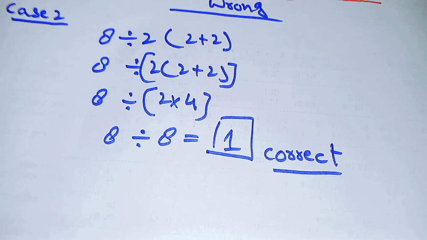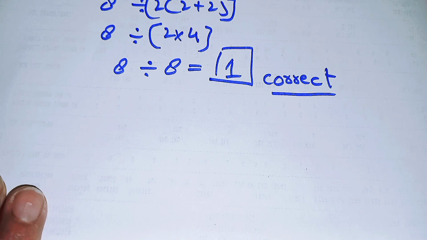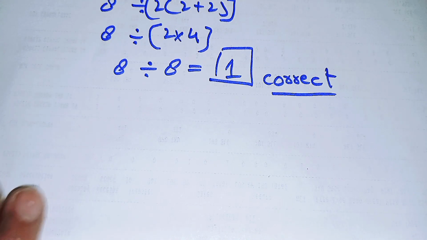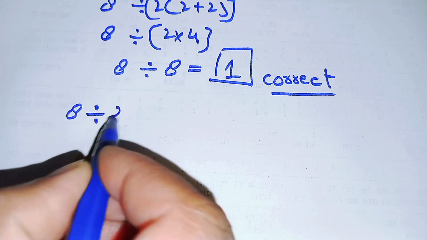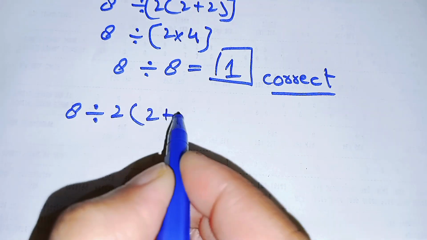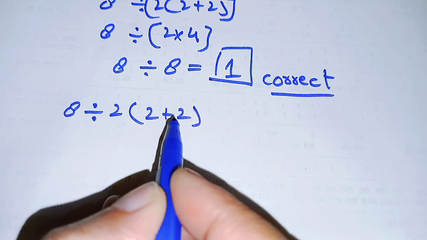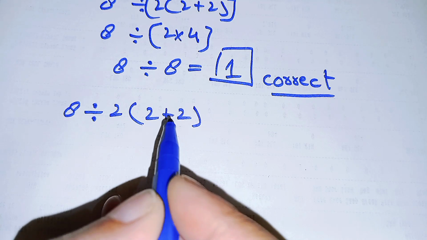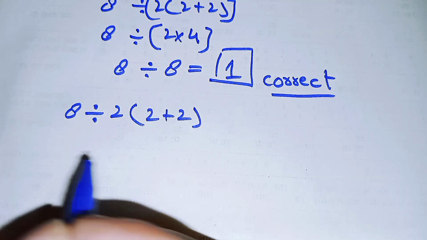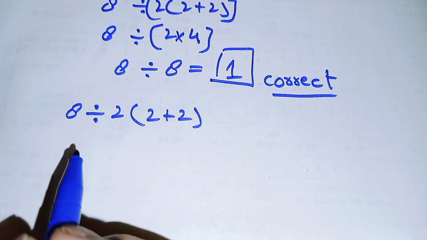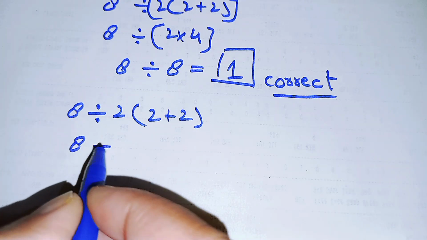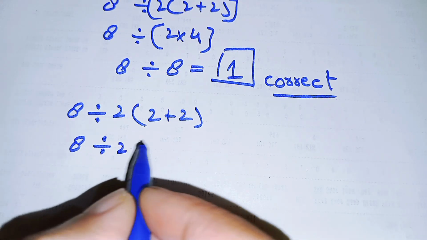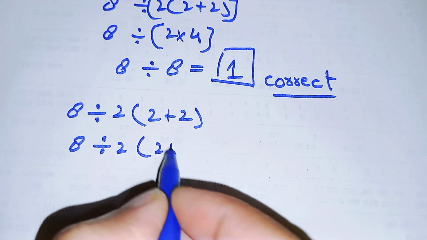Here is another trick: 8 divided by 2 bracket 2 plus 2.